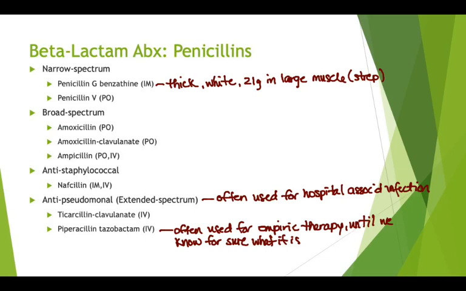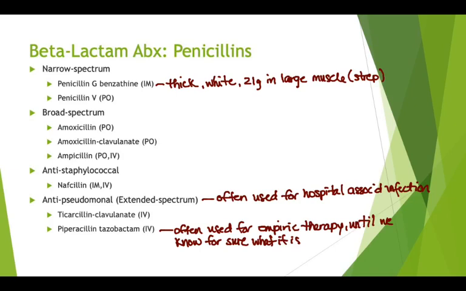And then your anti-pseudomonal, which is part of your extended spectrum. These are going to be often used for those hospital-associated infections. And these are your Timentin and your Zosyn. And both of those are usually given IV.